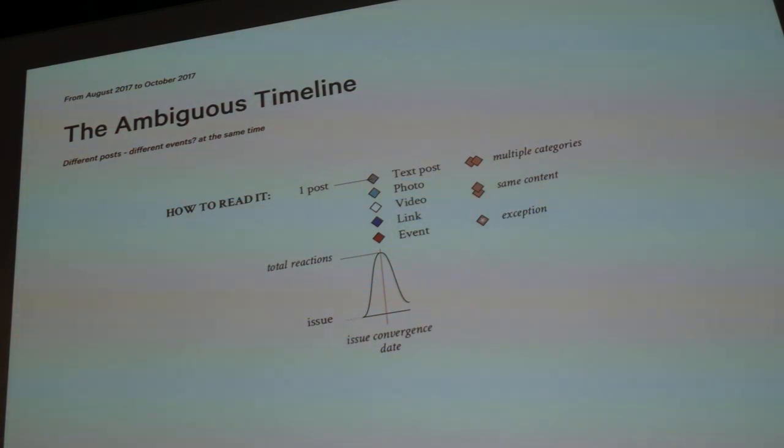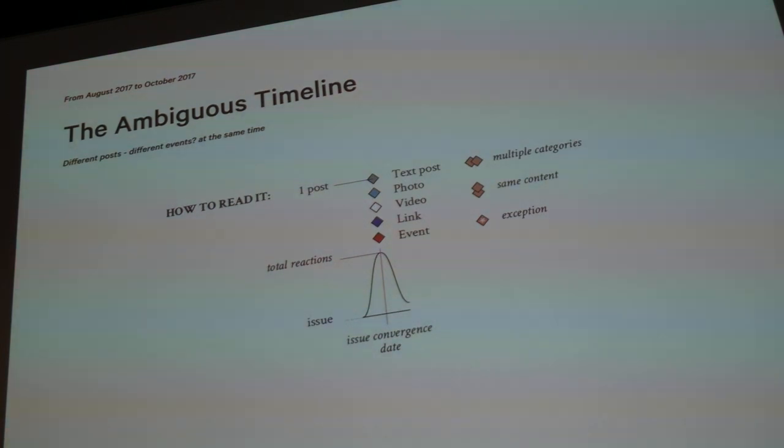And for each peak that shows an issue convergence between the different issues, where issues share posts and events that spiked engagement, we went and looked at the posts that were posted in the Facebook group, and we categorized them by the Facebook type of posts that you can create.